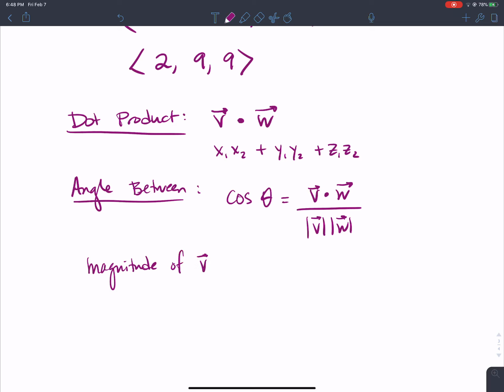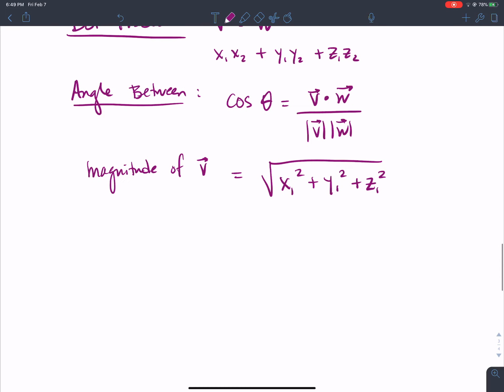So in 3D, if you're trying to find the magnitude, it's going to be a Pythagorean theorem thing. You're going to have x1 squared plus y1 squared plus z1 squared. You just can't really do a picture and do it that way. You're going to have to do the formula. All right, everything is basically the same.